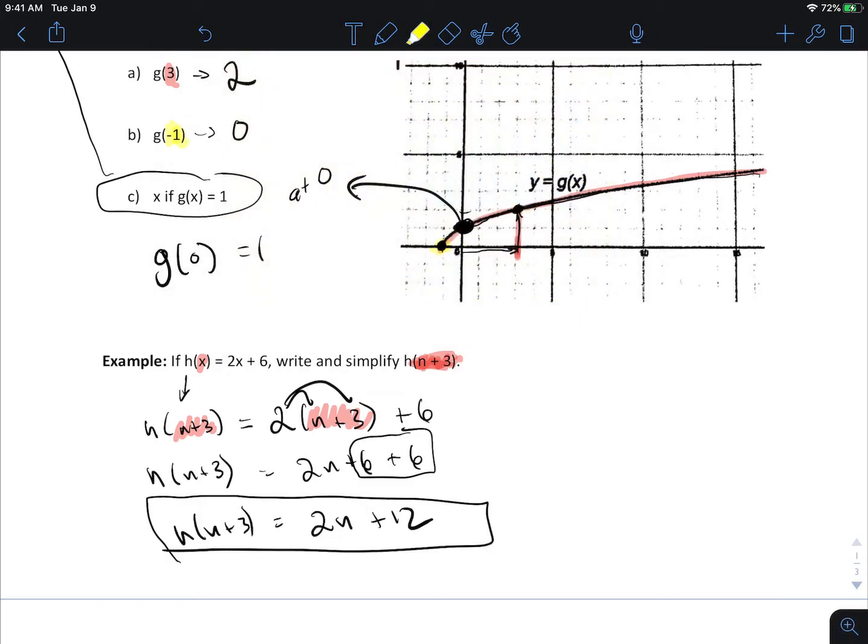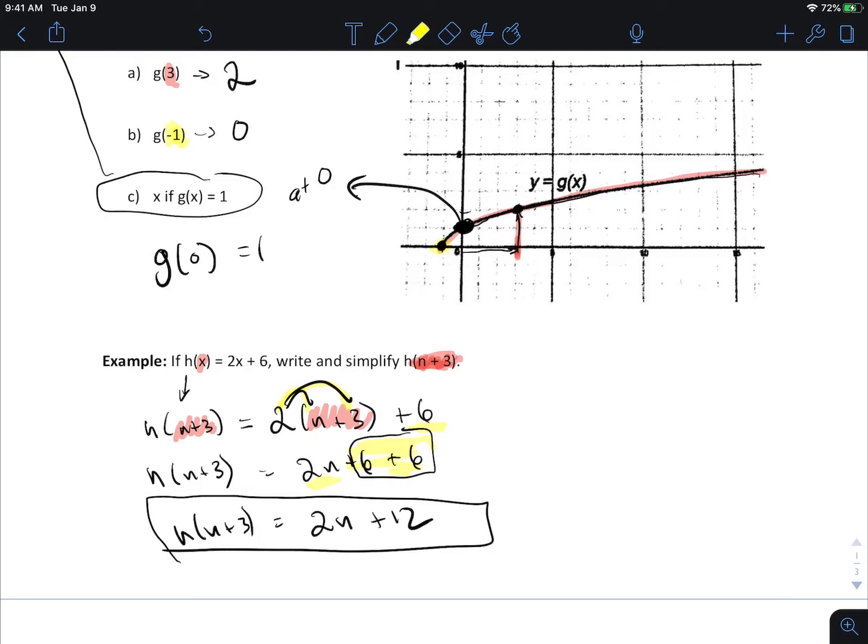And then I just did some distribution work, right? So the 2 has to get multiplied into the brackets, and everything inside the brackets has to get multiplied by the 2. So then I got 2n, plus 6, that came from the 2 times 3, and then I had the 6 back on at the end, and then I just collected the like terms. And that's how I get my answer. Are we okay with that?